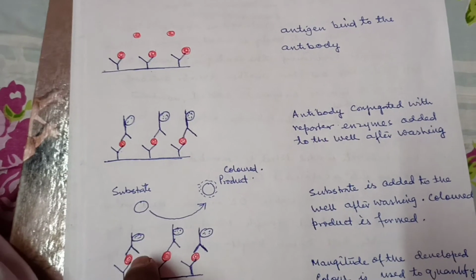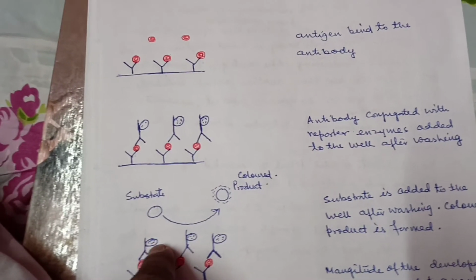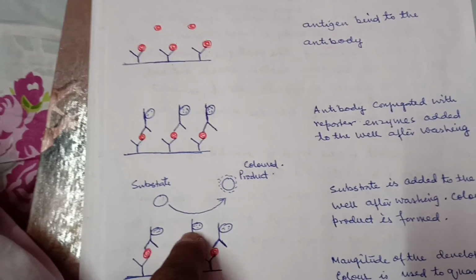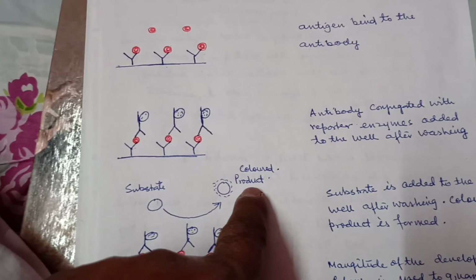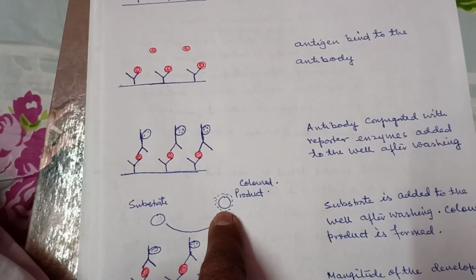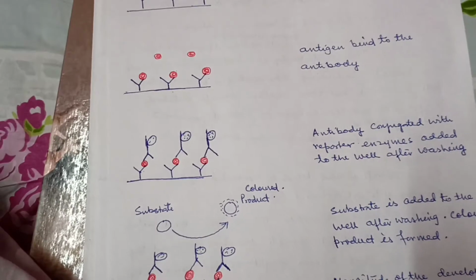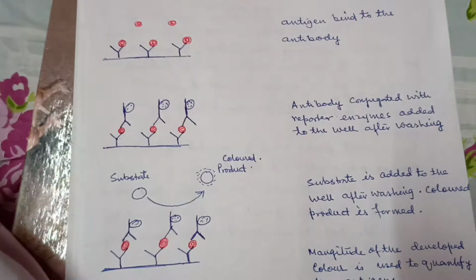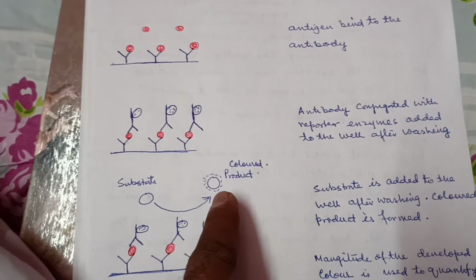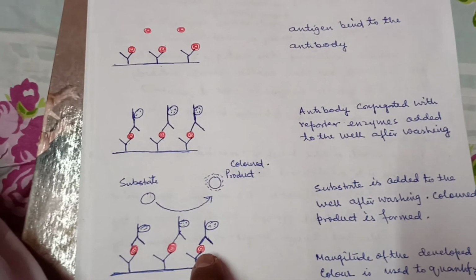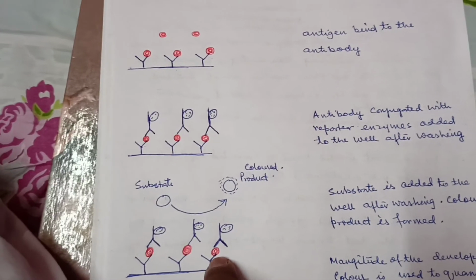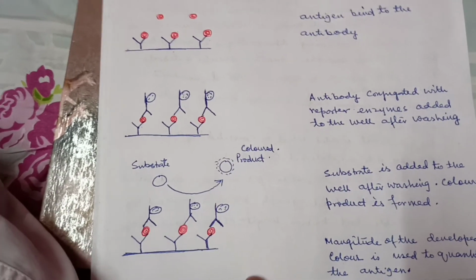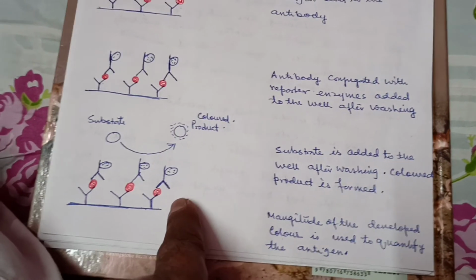This substrate will be converted by the enzyme tagged with the specific antibody into a colored compound, and a color will be developed. Development of color will indicate the presence of antigen, and the intensity of the developed color will be directly proportional to the amount of antigen present in the sample, which can be quantified by using a standard graph.